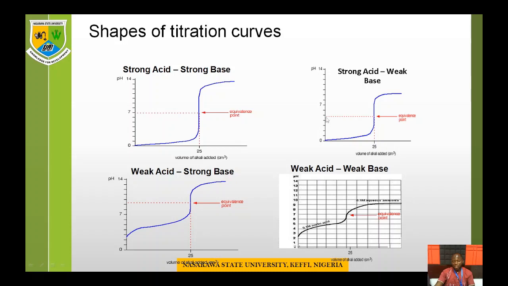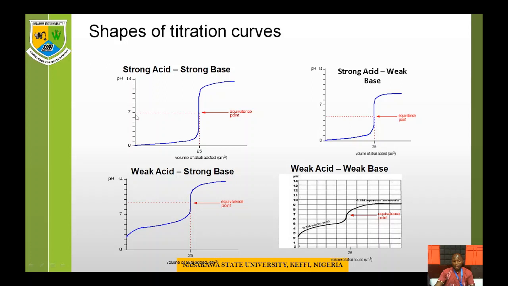What is the implication? The implication here is that you have added more acid than base. The volume of acid that brings these two to a neutral point or to an equivalent point or to an end point is more than the volume of the base. But in the case of a strong acid against a strong base, the volumes are almost the same.